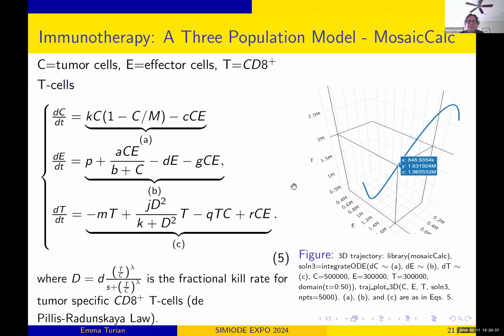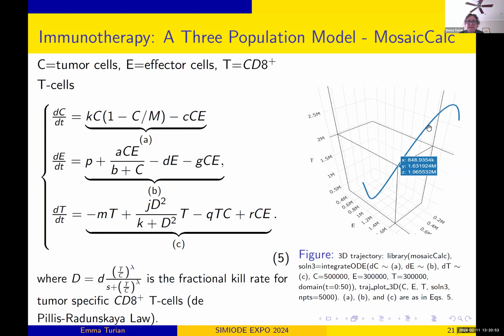So now going through a 3-population model. Now this is not a classical 3-population model, but then again, the mosaicCalc is helpful because we can draw a trajectory, and I included a code underneath in here.